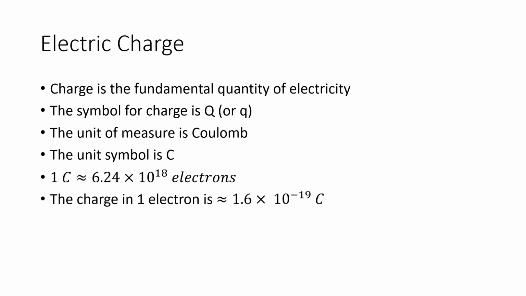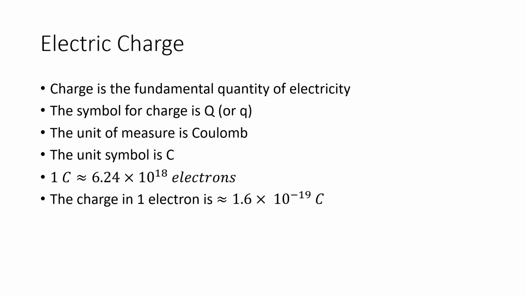Now, when we progress into electronic devices, we'll also want to talk about the charge associated with one electron, which is 1.6 times 10 to the negative 19th coulombs.